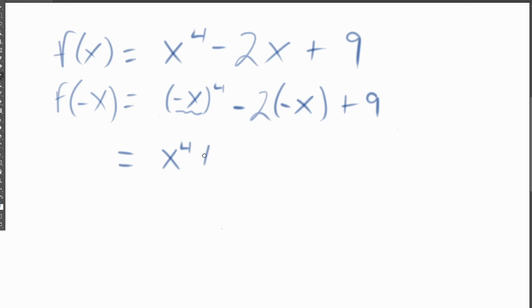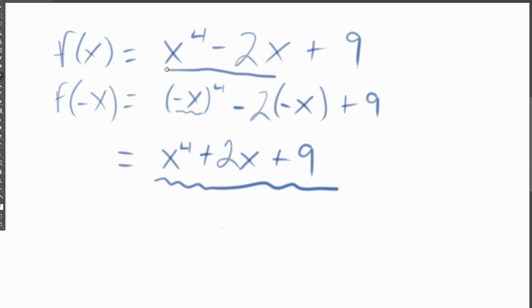So this will now be plus 2x, and we'll drop down the 9. And as you can see, this x to the 4th plus 2x plus 9 does not equal the original function, and it is also not the negative version of the original function.